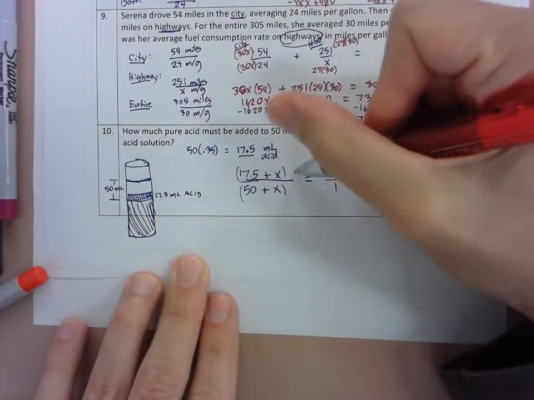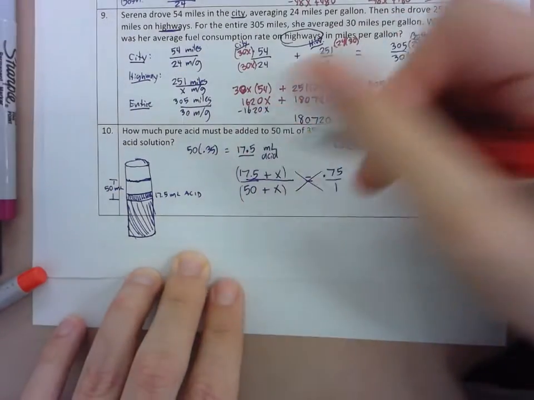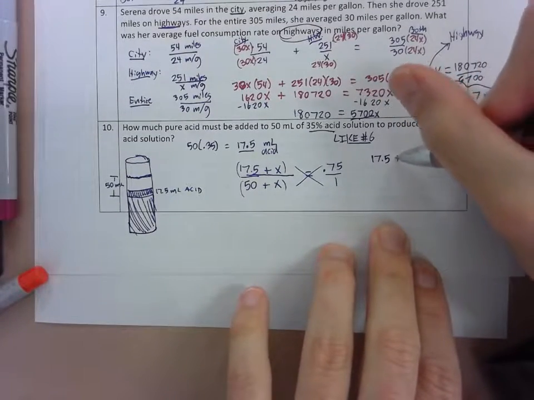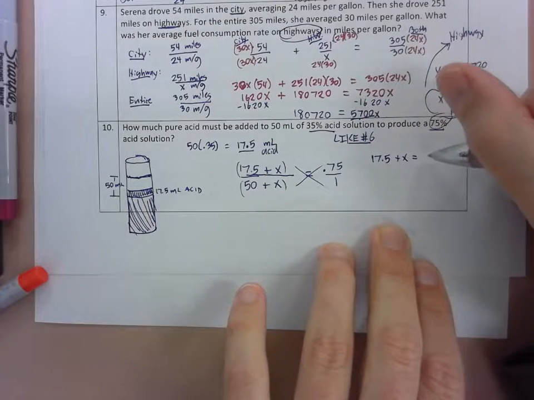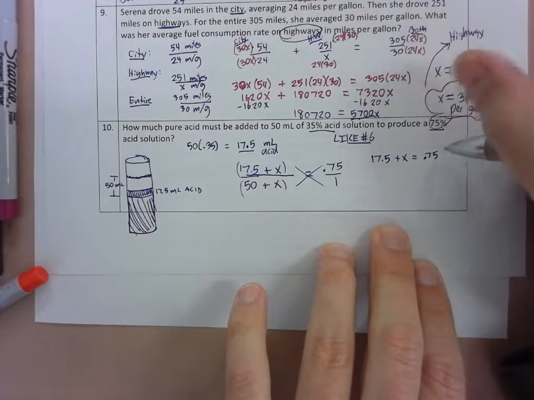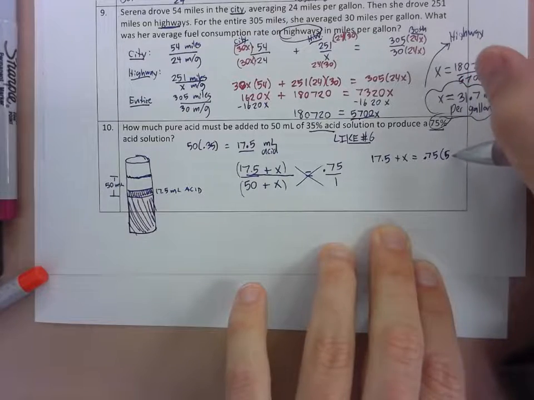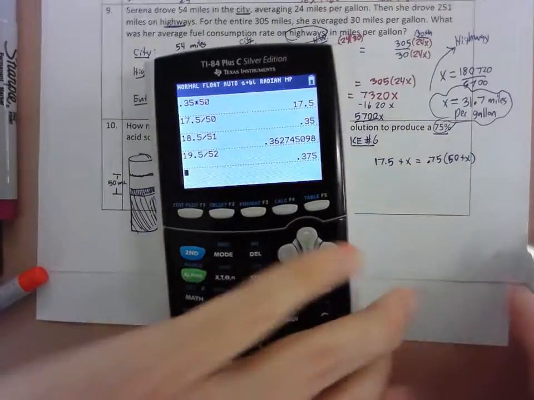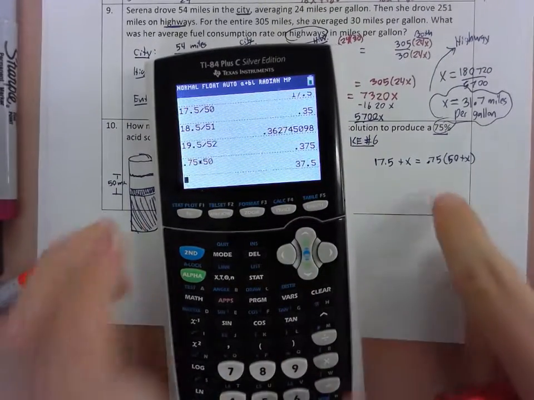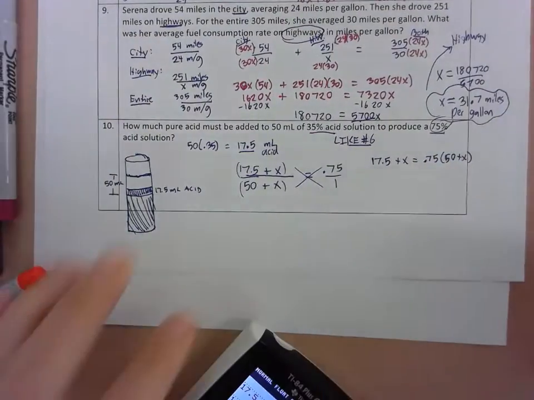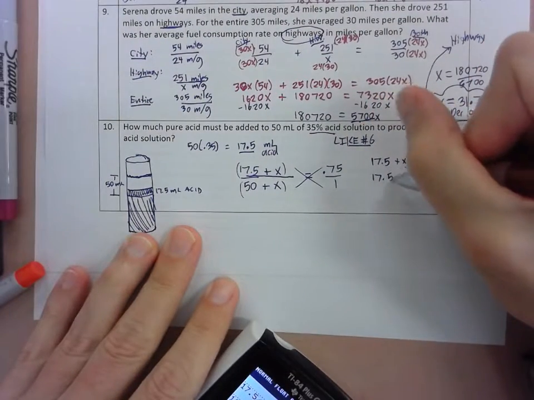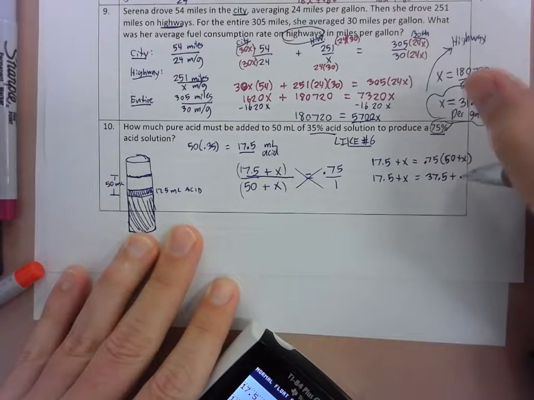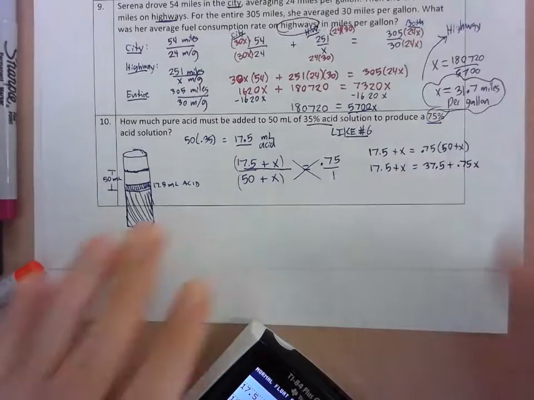And we can figure out, all right, well, if I cross multiply, I'm going to get 17.5 plus x would be equal to 0.75 times 50 plus x. And if I distribute that 0.75, what is that? That's 37.5 plus 0.75x. So now let's solve.